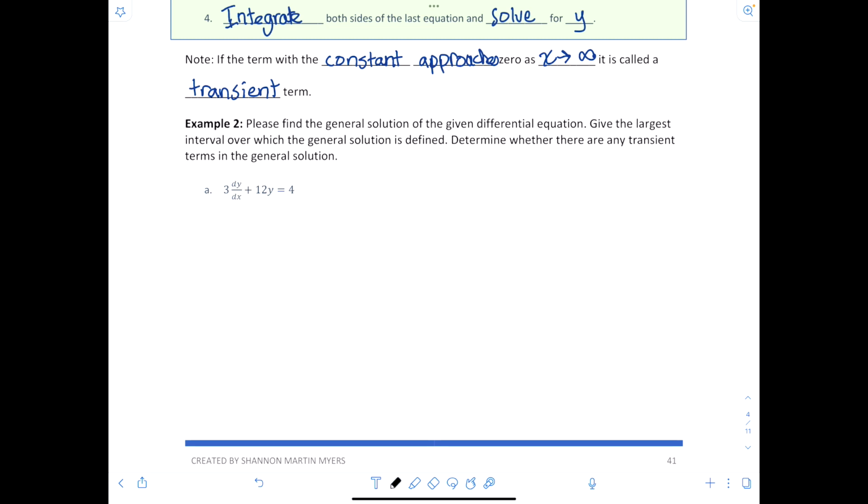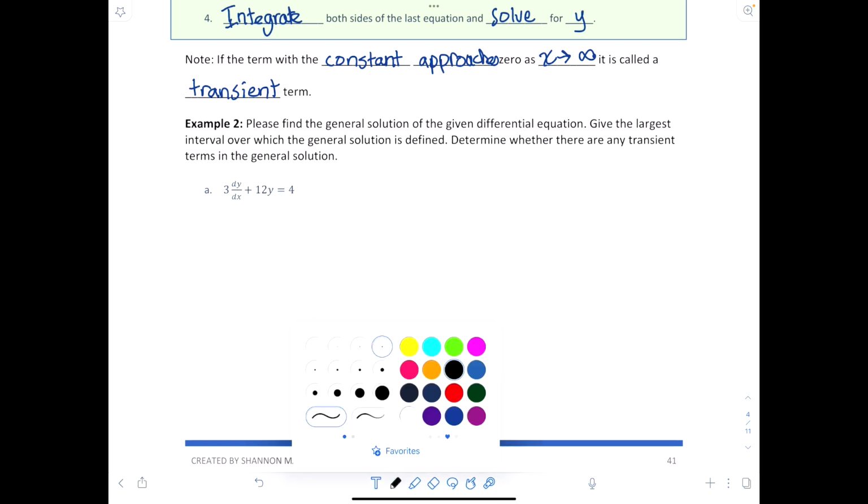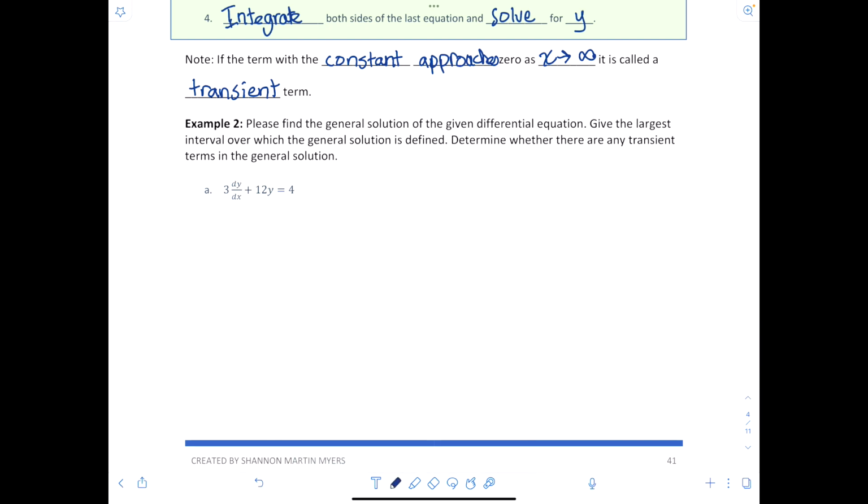First of all, we definitely want a coefficient of 1 in front of the dy dx. So if we divide everything through by 3, we're going to get dy dx plus 4y equals 4/3.